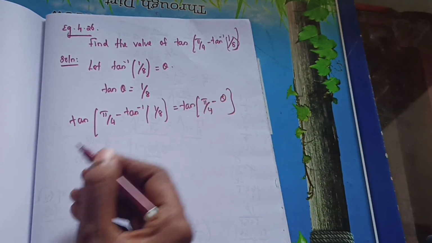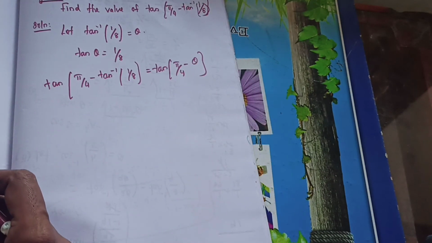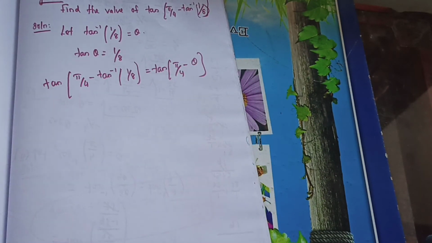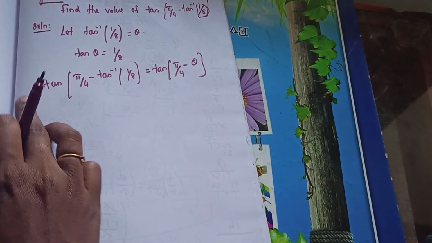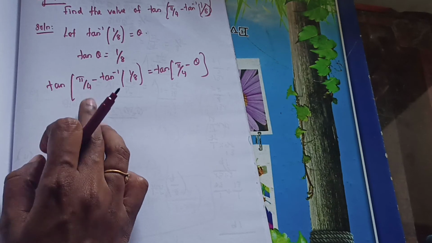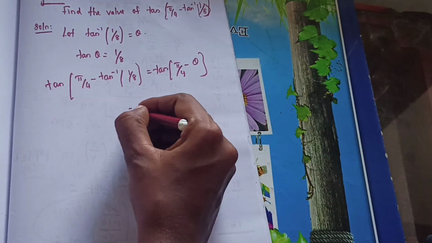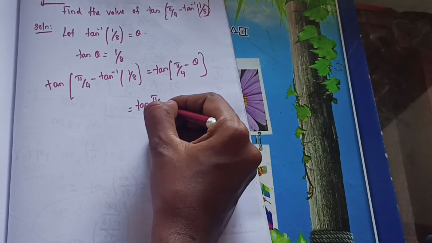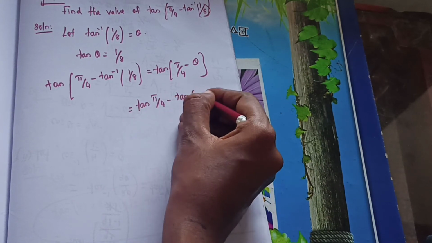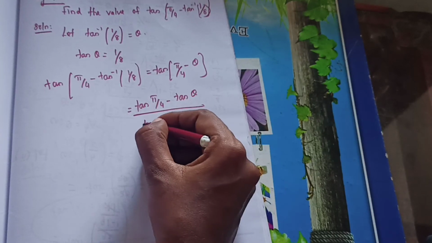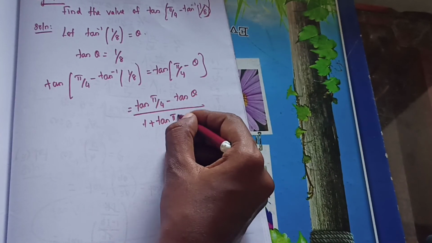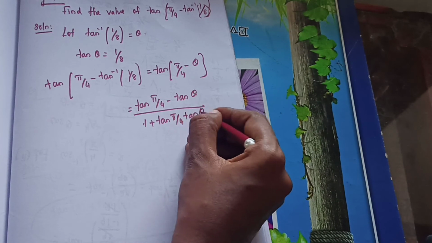Okay, minus theta. So what's the formula for tan of x minus y? Tan of x minus y, what's the formula? You use that same formula, that is tan of x minus y. Therefore you will use the formula. So this one is tan of pi by 4 minus tan theta divided by 1 plus tan pi by 4 into tan theta.